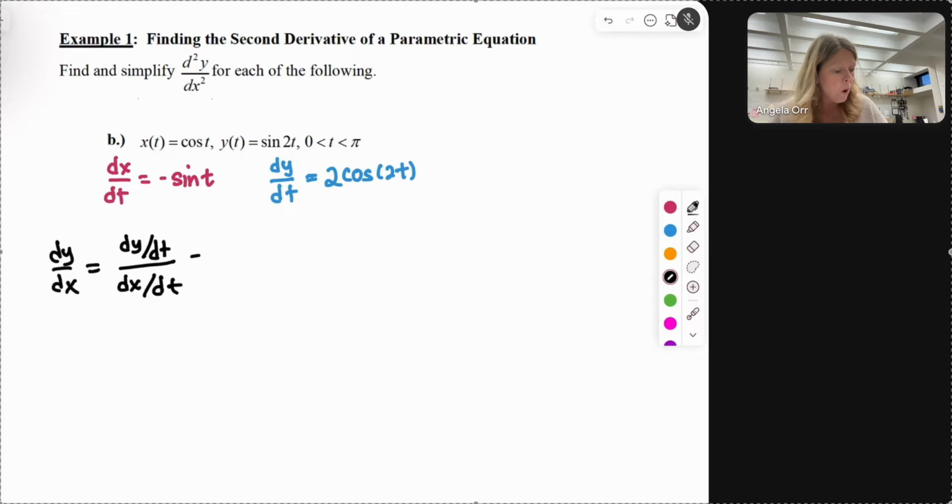So dy dt is going to be 2 cosine of 2t, and dx dt is going to be negative sine of t.